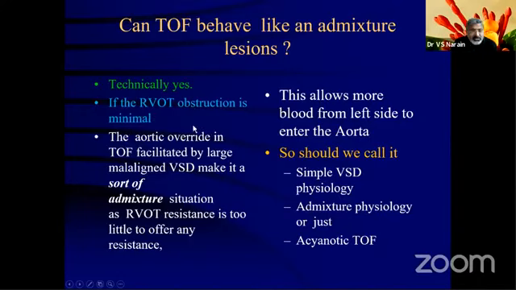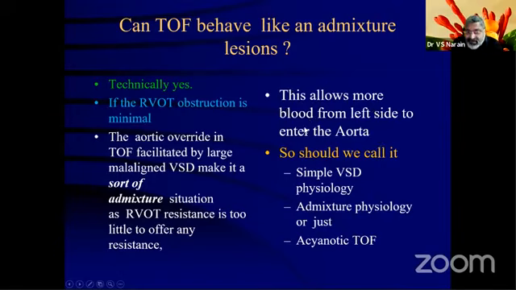Now, because there is a large VSD, there is an override, and because there is hardly any resistance, we said admixture lesions are where you have mixing and you have no obstruction either at the RVOT level or at the pulmonary vascular level. So if there is hardly any obstruction at the subvalve or valve level on the right side, this large VSD with override could technically behave as an admixture lesion, because this is allowing more blood from the left side to enter the aorta.